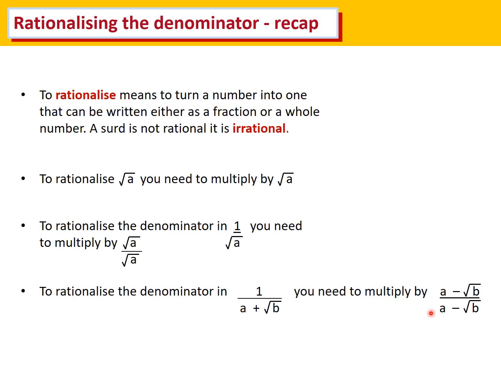And the other thing that's important is this denominator here is exactly the same as the denominator here, except the plus has become subtract. That's key. Think of it as being the opposite. Plus root b, the opposite of that is subtract root b.